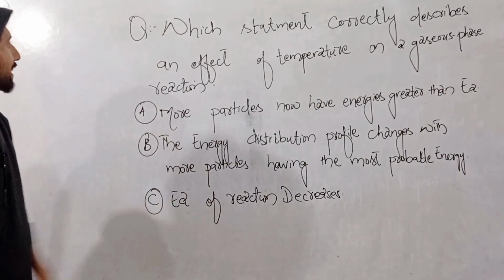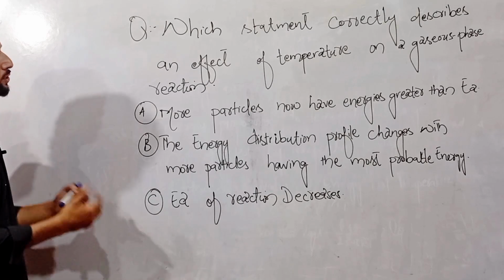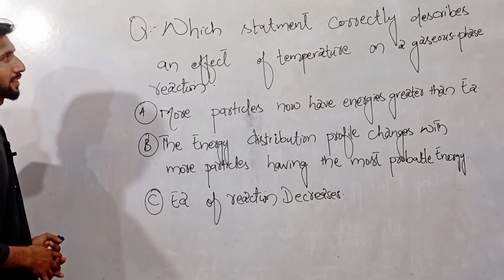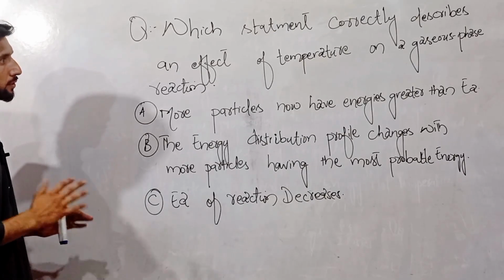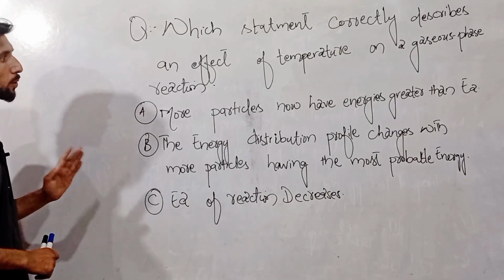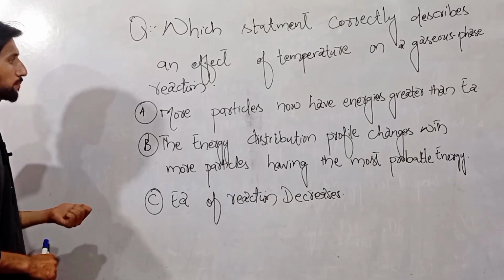Okay, the question is saying, which statement correctly describes an effect of temperature on a gaseous phase reaction? Number 1, more particles now have energies greater than Ea, meaning activation energy.